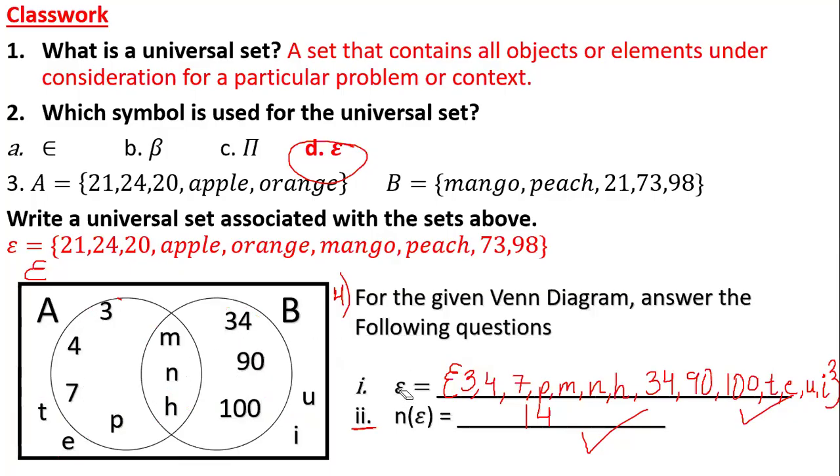And this symbol here means the universal set. So since we want everything, what are we gonna put inside the set? D'Angelo?